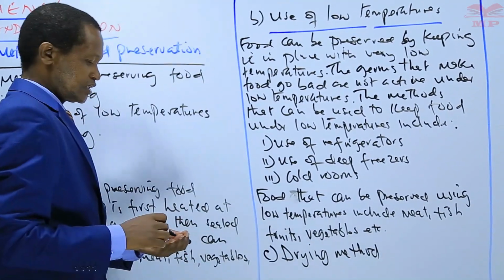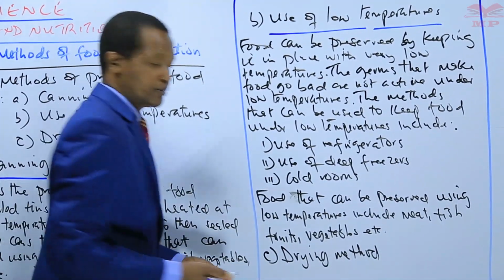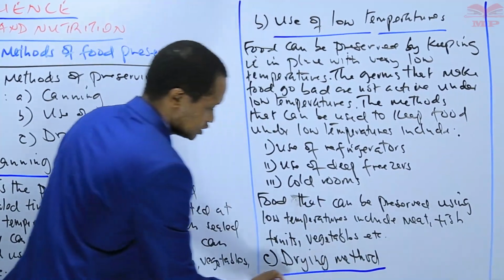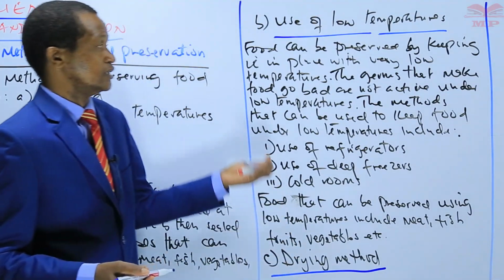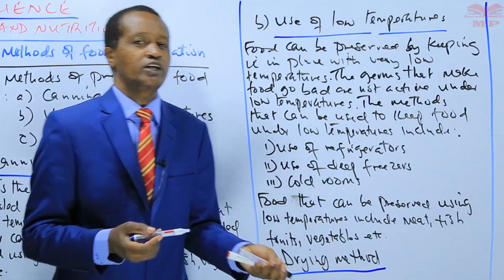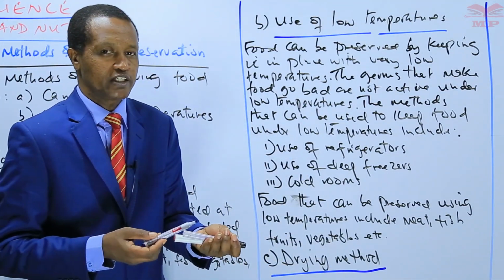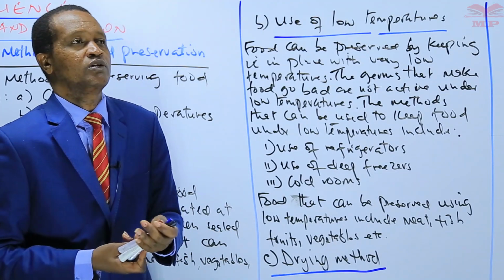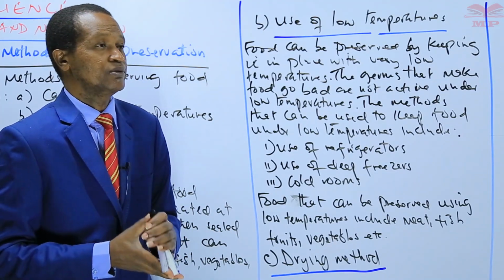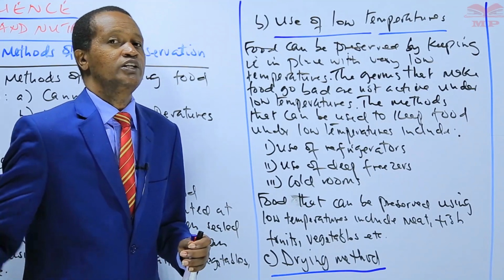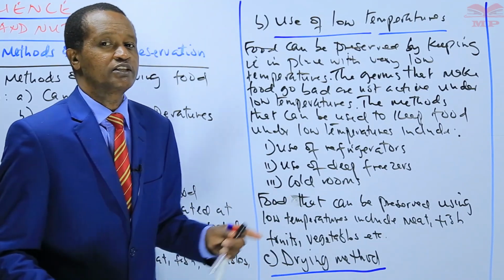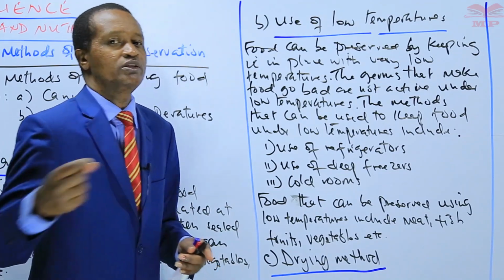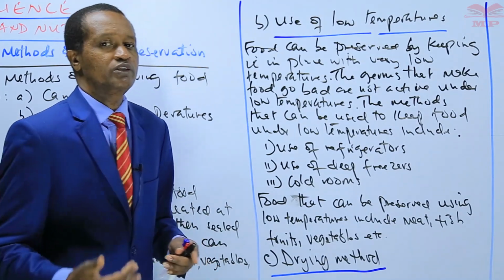This method, we discussed it under the traditional methods, but it can also be used to store food under the modern methods. Drying can also be classified as a modern method of preserving food, because remember, we classified it as a traditional method.